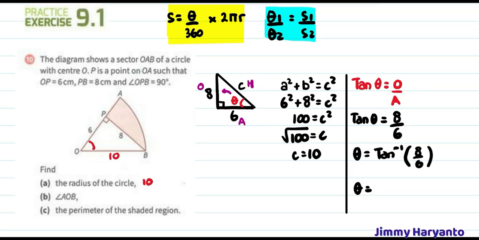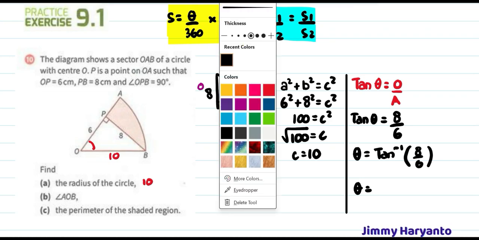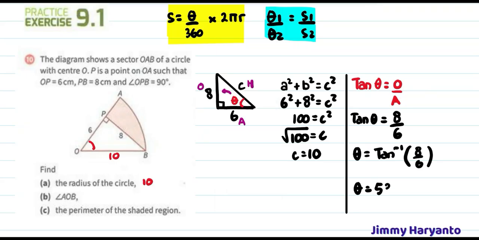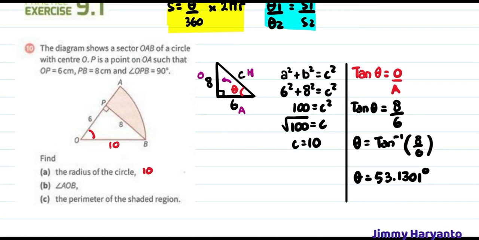So theta equals, I think you should answer this in degrees, since we use degrees later in the formula. It means you have to set your calculator into degree mode. You'll have 53.1301 degrees as the result. So the angle of AOB in 3 significant figures is 53.1.